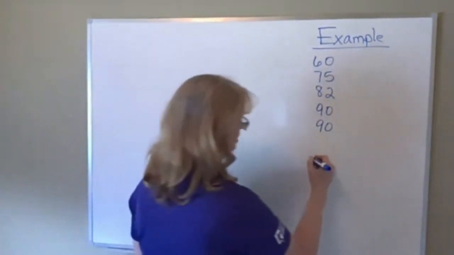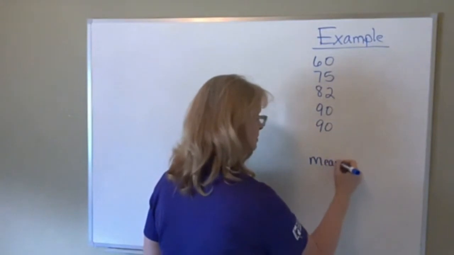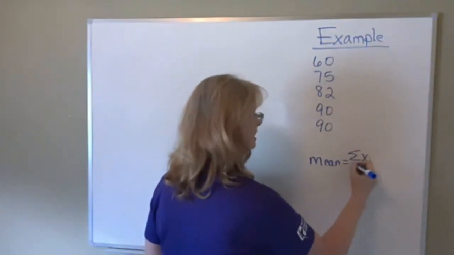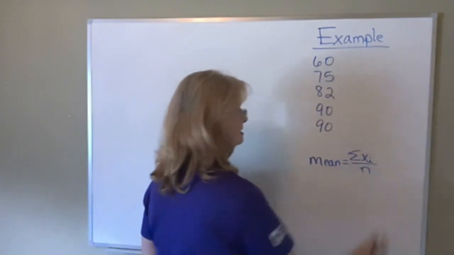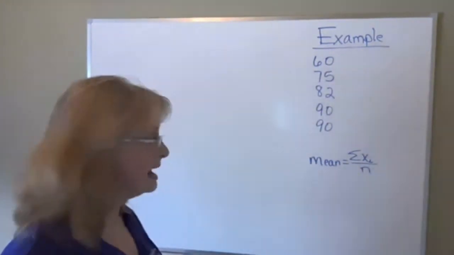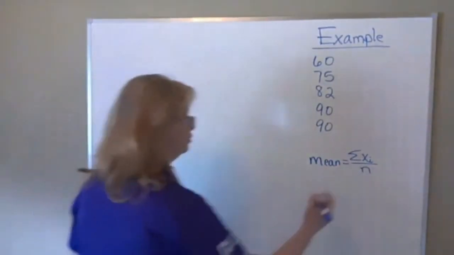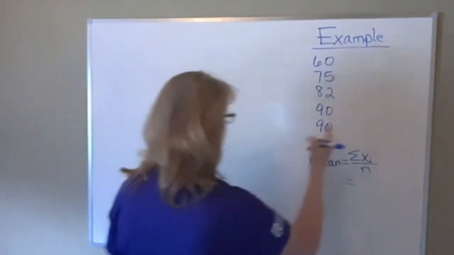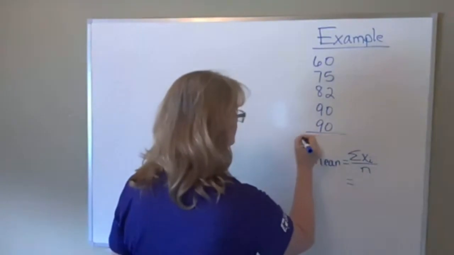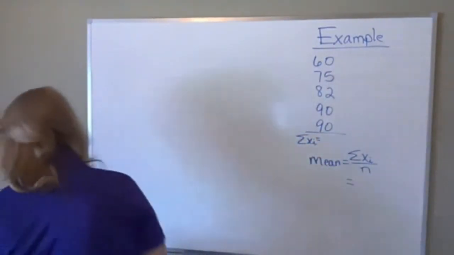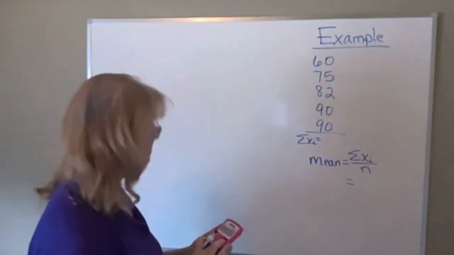So first, for the mean, remember, the formula is I take the sum of the x's and I divide by little n if it's a sample. I call it big N if it's a population. So for this question, when I find the sum, I find that by adding the grades up.